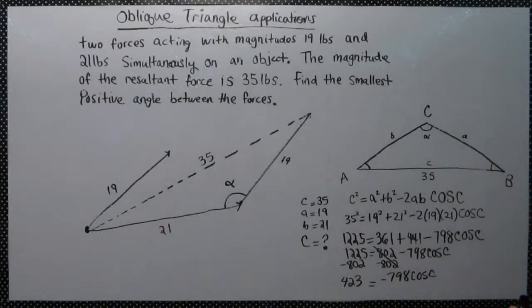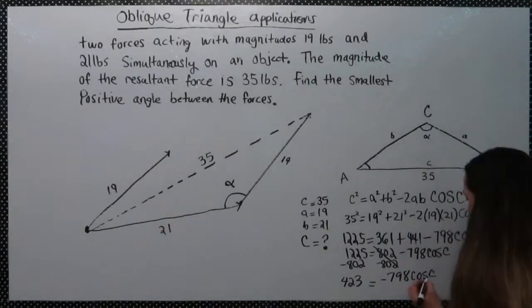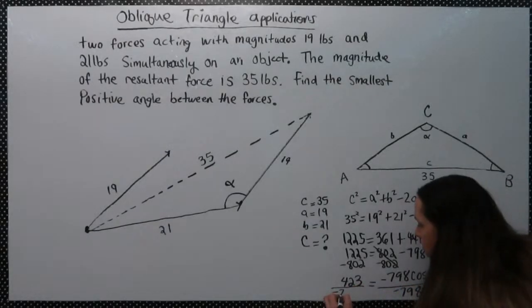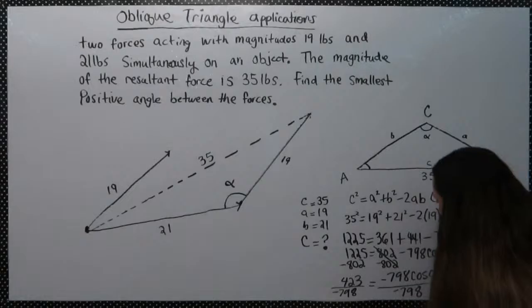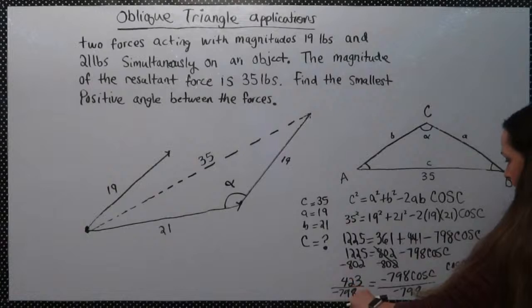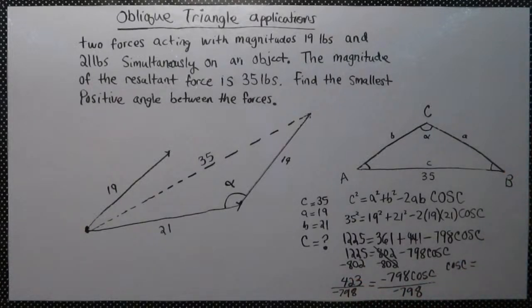One more step in solving for cosine c: we have to divide off this coefficient of negative 798 from both sides. So we're finally getting cosine c equals 423 divided by 798.